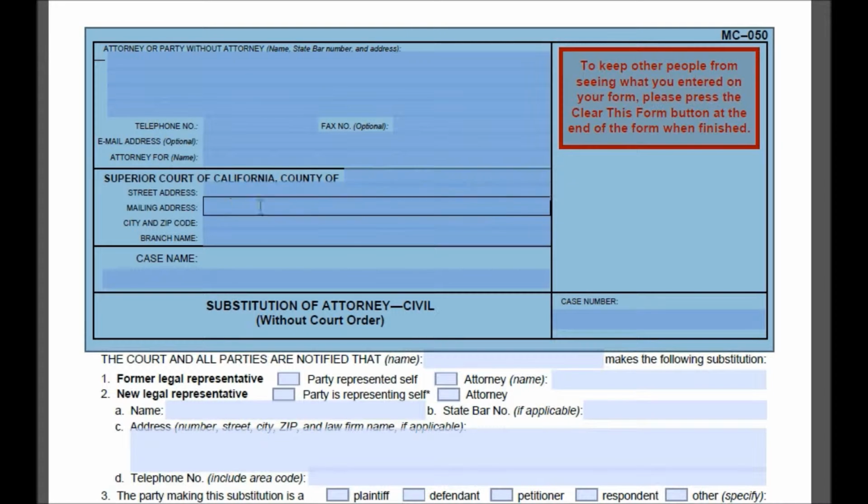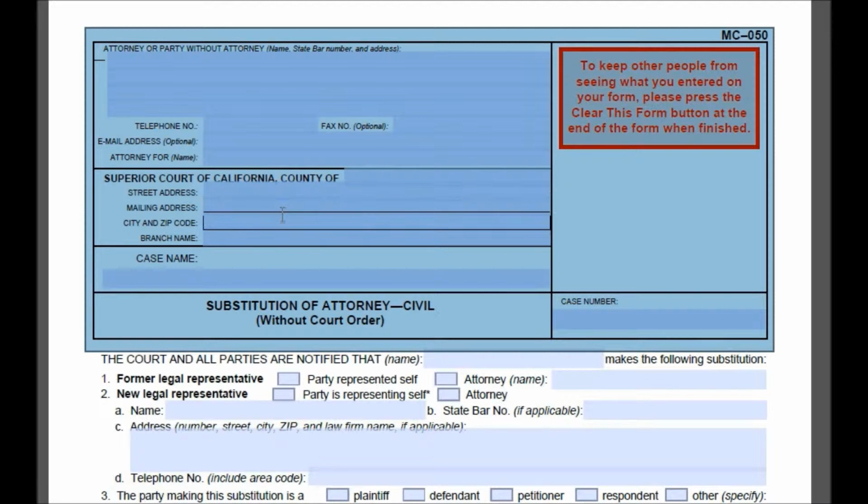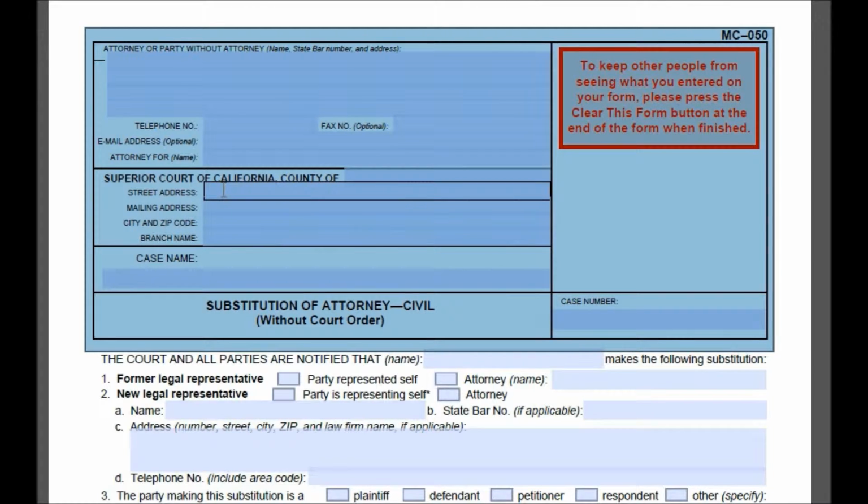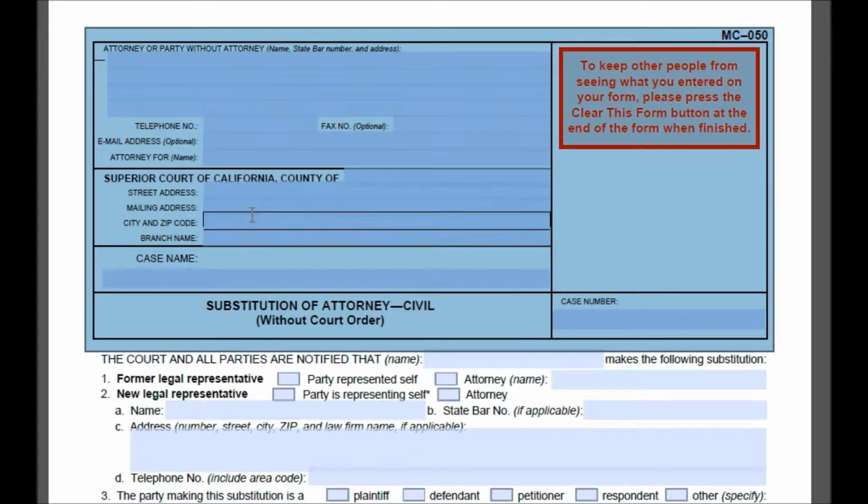If it's Santa Clara County, you have to figure out the address of the courthouse in Santa Clara County versus San Diego County versus Los Angeles County, etc. There are several fields here: street address, mailing address, city, zip code, etc. As long as you have a mailing address, a street number and street name, that's fine. Some courts also use a P.O. box. That's fine too. As long as you have a complete mailing address of some kind, that's what's critical in this section.